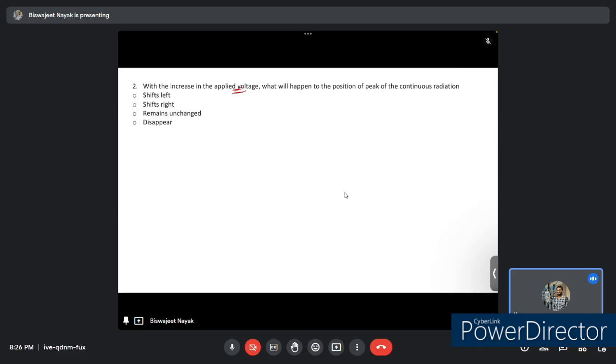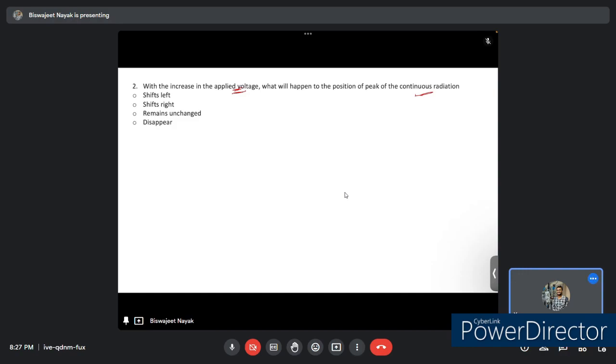So here, with increase in applied voltage, two things we need to understand for this continuous radiation.